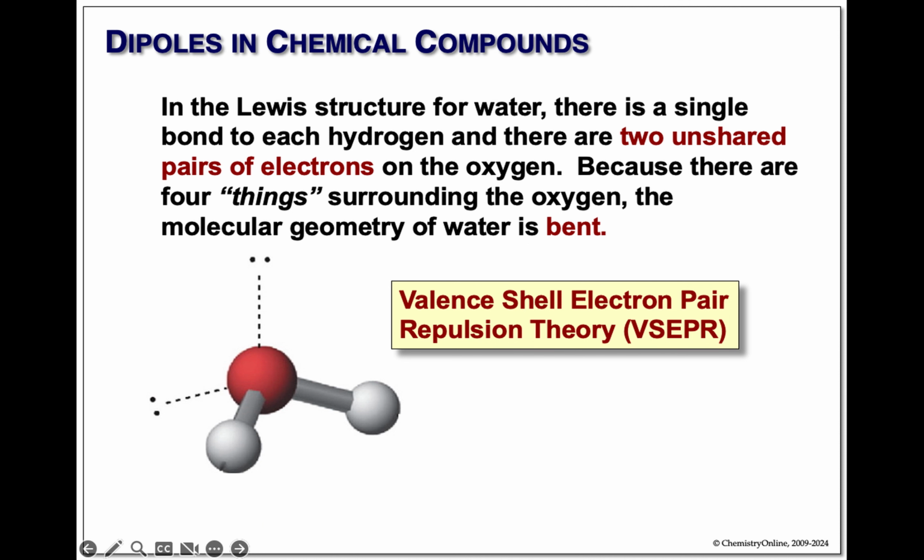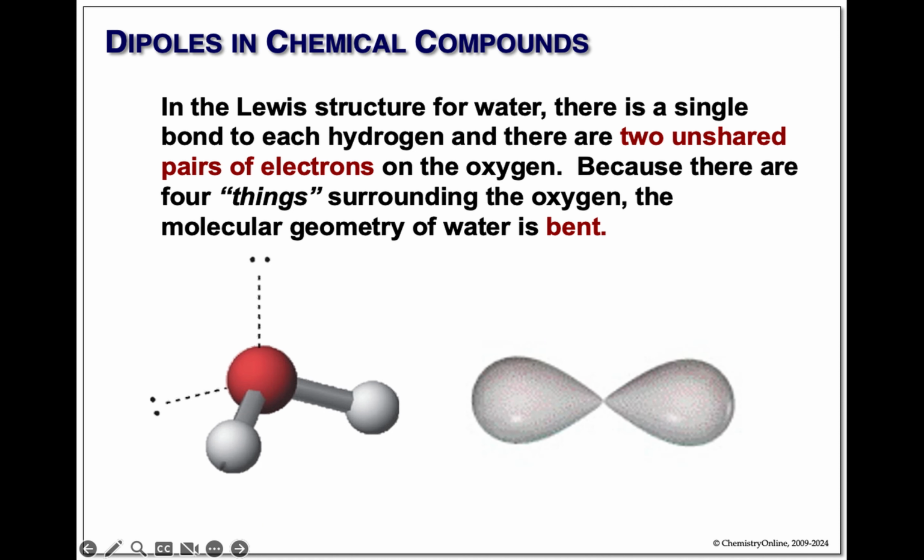This is a little movie showing us. If we had our central atom here, we had a pair of electrons here, a pair of electrons here, the way that they can get as far apart from each other as they can is by making a linear bond, 180-degree angle.